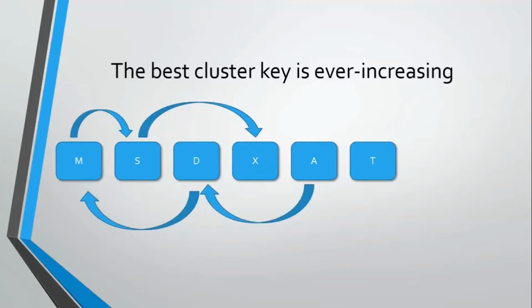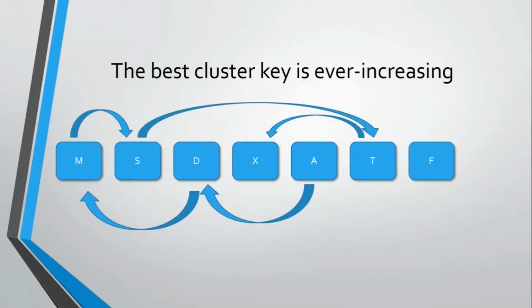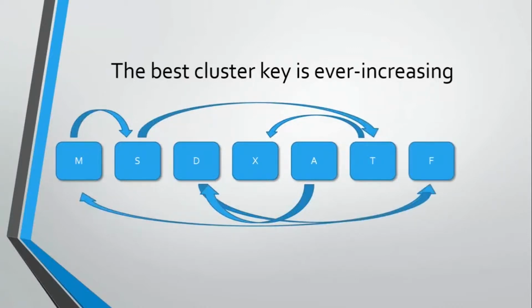T is actually between S and X, so I'm going to create a pointer to X, remove the pointer from S to X, and then point to T. And I've got an F, so then I'm rearranging pointers again. So you can see we're starting to have a crazy problem here, and that's called fragmentation. Fragmentation is going to make SQL Server work harder to return the data that you need to see. SQL Server works harder, performance goes down.